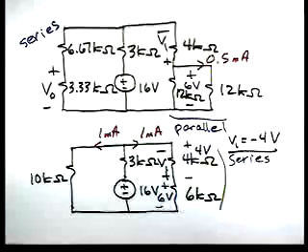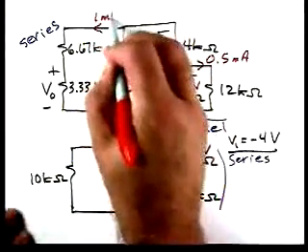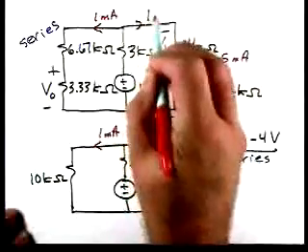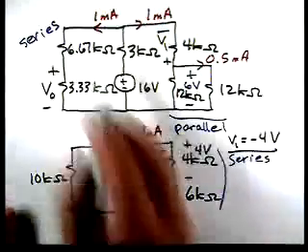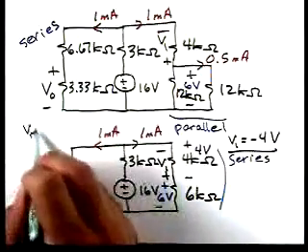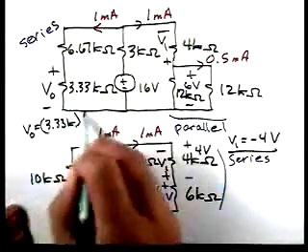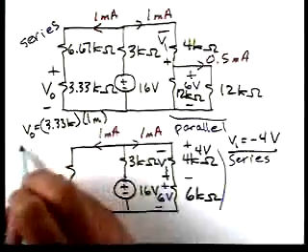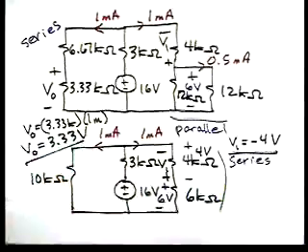And also, if we note, we have 1 milliamp here, 1 milliamp here, so we can calculate V0 in this circuit. So if we notice, V0 is 3.33K times 1 milliamp, so V0 then is 3.33 volts.